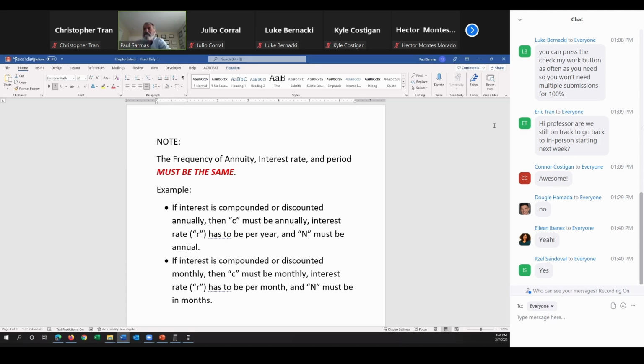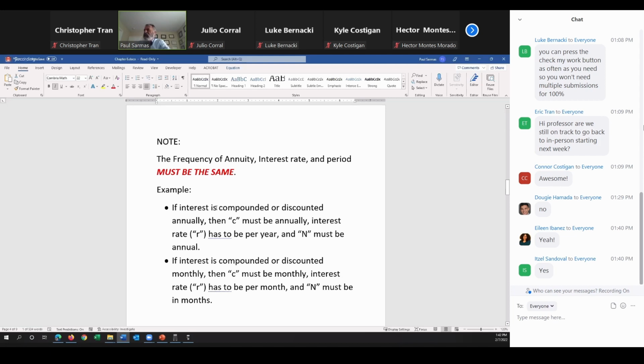Okay? But you have to be prepared for special situations, and one of them is what I have here. The frequency of annuity, interest rate, and period, notice in red font, must be the same. What does that mean?